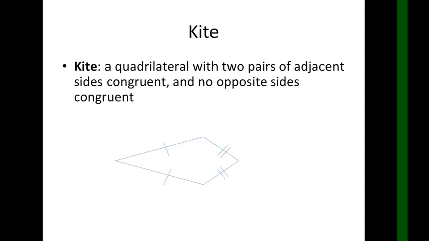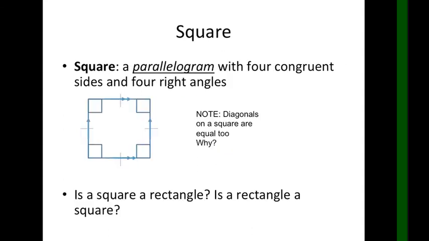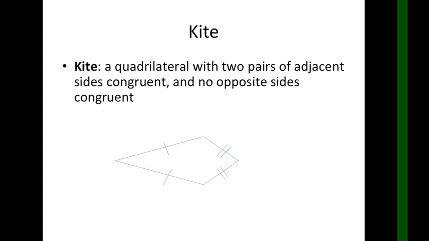Okay, so now nasabi ko na yung answer ko kanina dito, no? So now for the kite. A kite is a quadrilateral with two pairs of adjacent sides congruent and not opposite sides congruent. So, yung adjacent sides niya ay congruent. Like this one, these are adjacent. So, we have sides here that are congruent and the sides here are congruent.